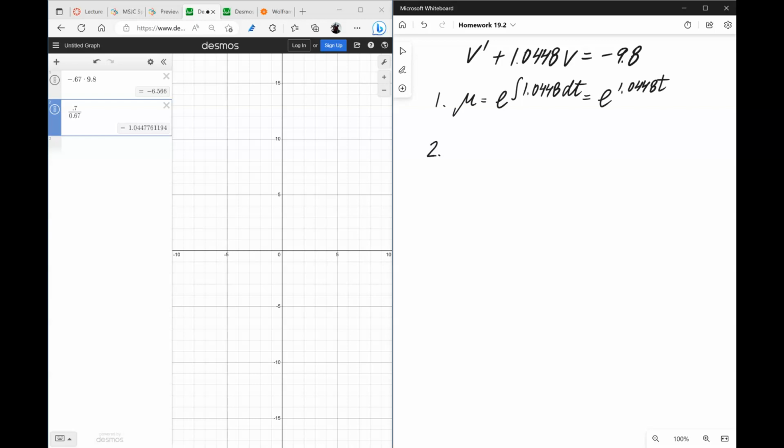And now we multiply both sides by the integrating factor, and the left hand side now becomes e to the power 1.0448t times v, and the right hand side is the integral of negative 9.8 times e to the power 1.0448t dt. So we can easily find this integral by doing linear substitution.